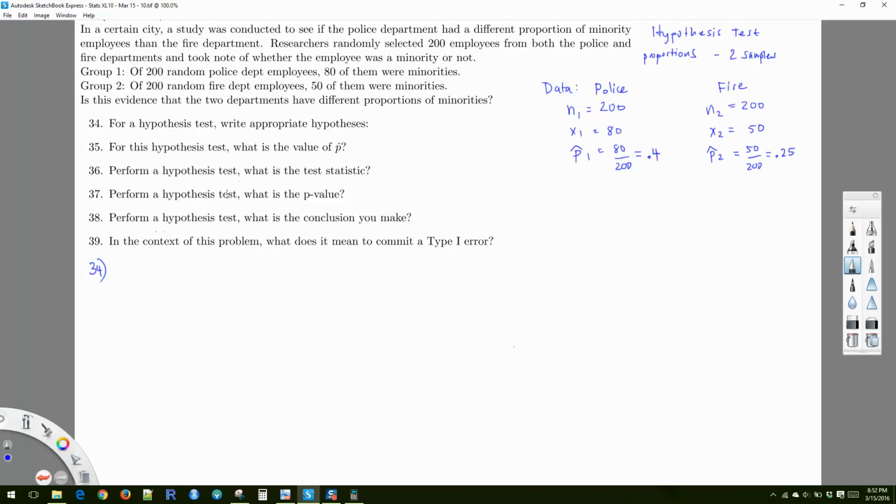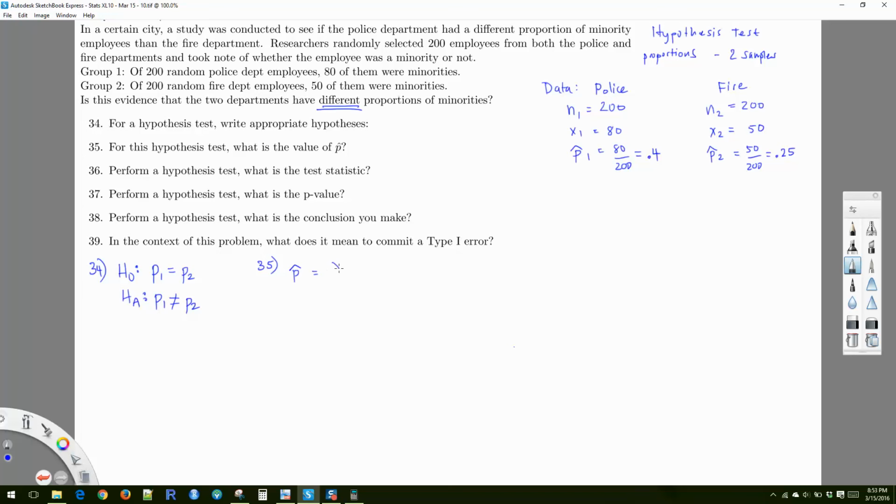Okay, what are the appropriate hypotheses? The null hypothesis will be P1 is equal to P2. The alternative, it says different proportions, so we're going to have P1 not equal to P2. Number 35, what is P hat?